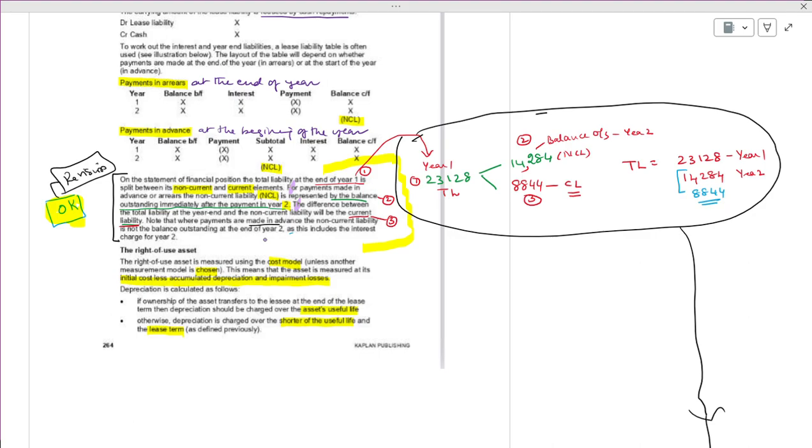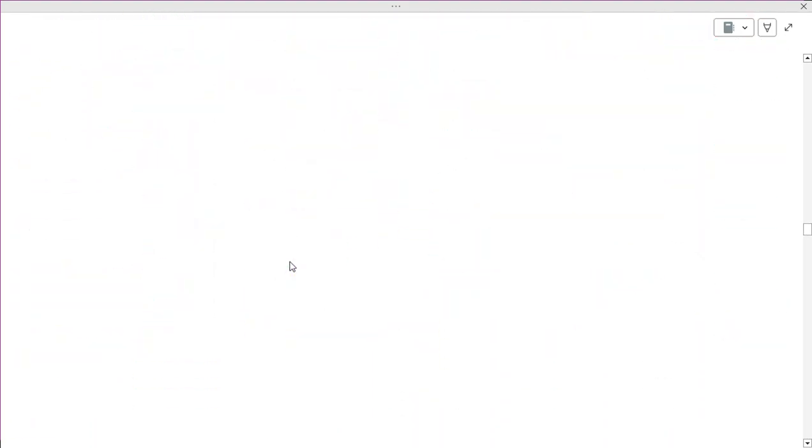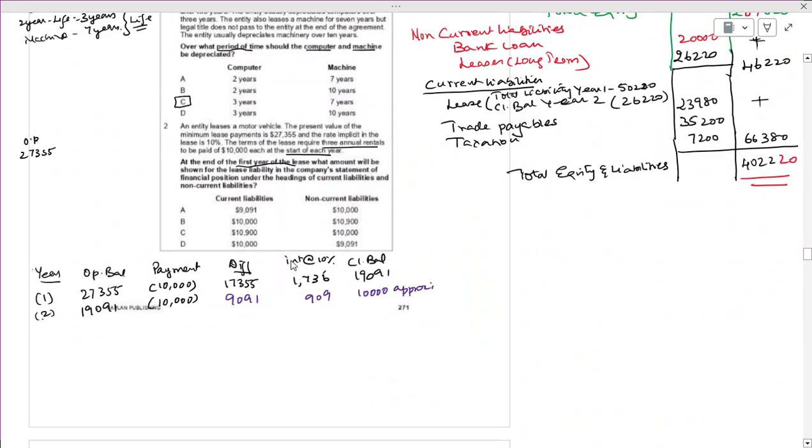Is that immediately after the payment in year 2? How much is the advance? Immediately after payment in year 2, how much is there?